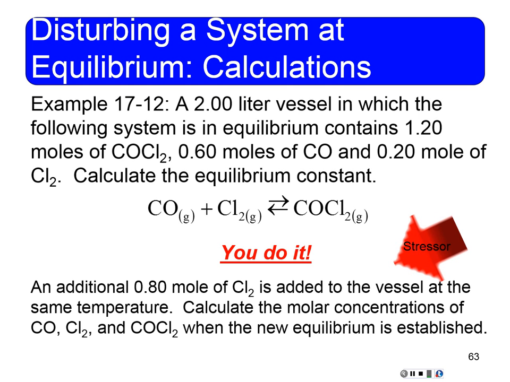You divide all of them because they're in moles. Molarity is in moles per liter, and if you have a 2-liter vessel, you divide by 2, so that gives you 0.6. And it's always products over reactants. Then you divide the reactants by 2 as well, and that gives you that. Yes, all of them.